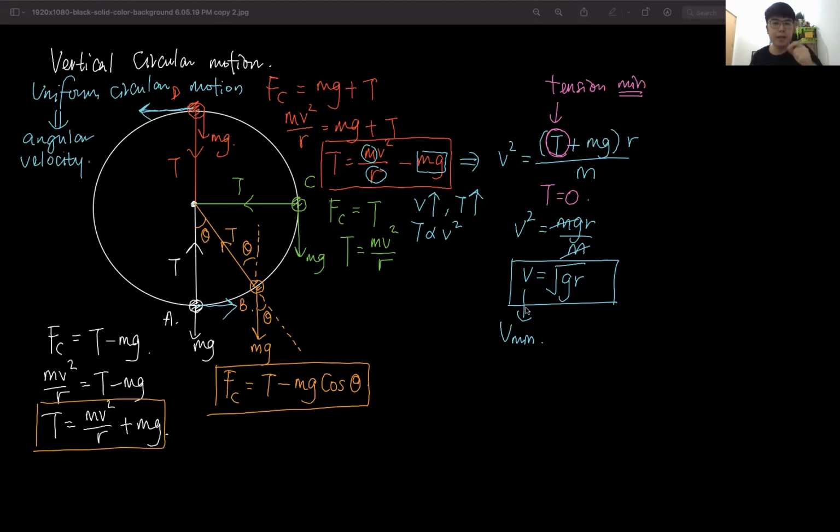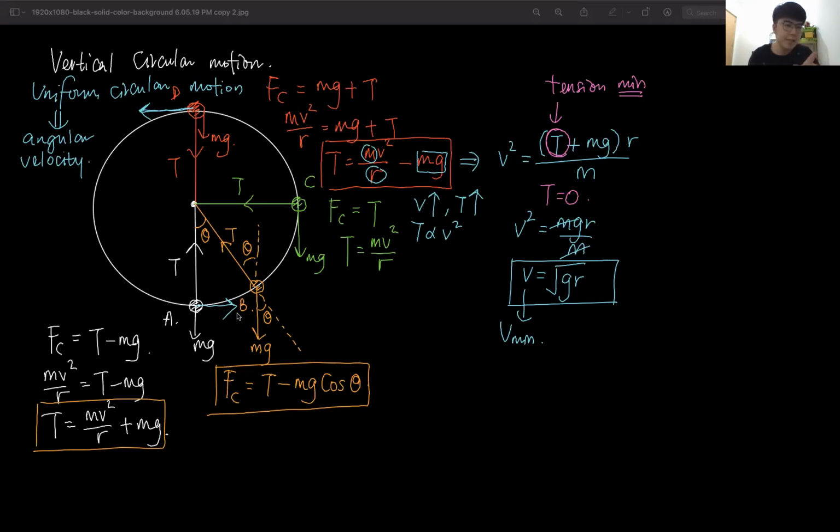This formula only allows you to calculate the lowest speed it needs to be moving at to sustain this vertical motion. So understand that in vertical circular motion, the tension is not the only force that produces the centripetal force, because mg is also part of it.